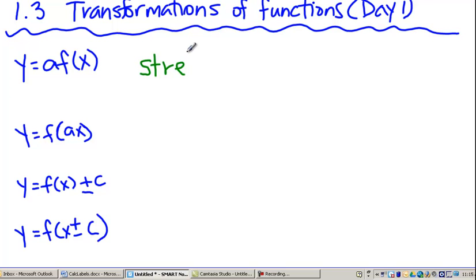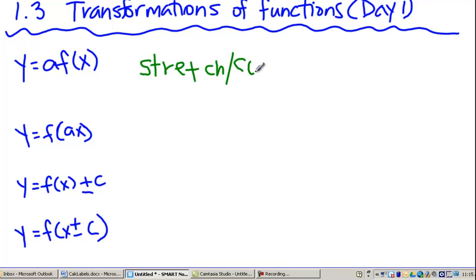Okay, if it's stretched, your A is going to be greater than 1.